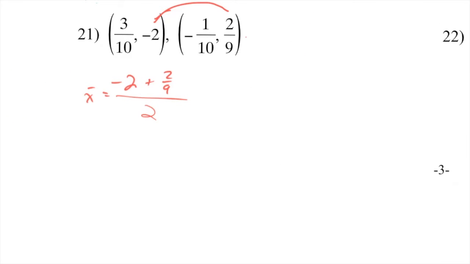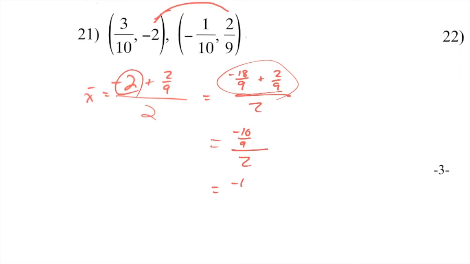So here's our x value. We're playing with fractions, so this has to turn into fractions. So this is negative 18 ninths, plus 2 more ninths, all over 2. This top numerator ends up being negative 16 ninths, all over 2.